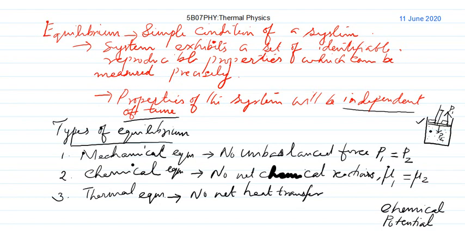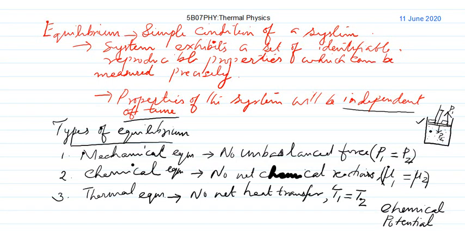The condition for thermal equilibrium is already discussed by the zeroth law of thermodynamics. That is, the temperature on both sides should be equal, or the temperature of the system should be equal to the temperature of the surrounding. So these are the crucial conditions for the three different types of equilibria.